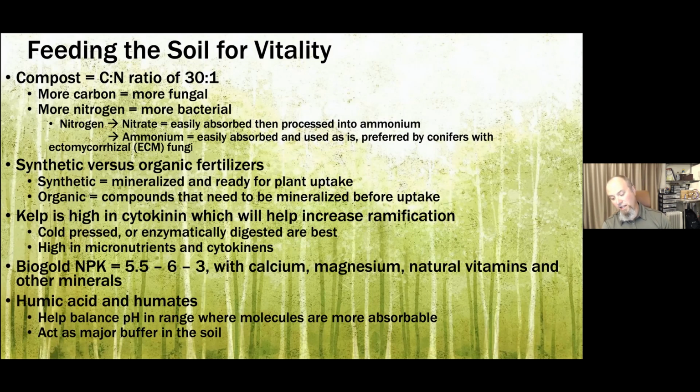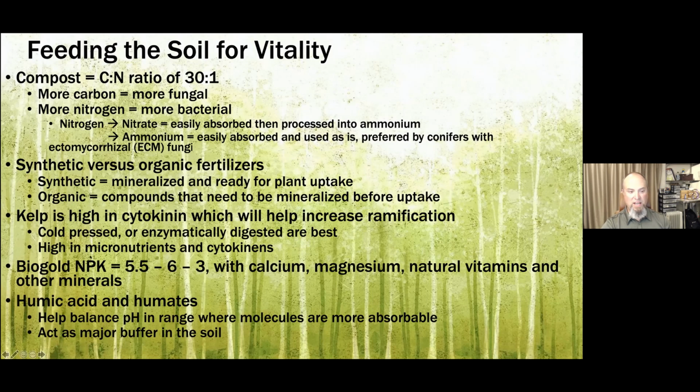Correct. If you're looking at a fertilizer, there are always going to be 3 numbers listed. Actually, that's perfect. Does the cursor show up on your screen? Yeah, we see it. So down here, it shows BioGold NPK equals 5.5-6-3.